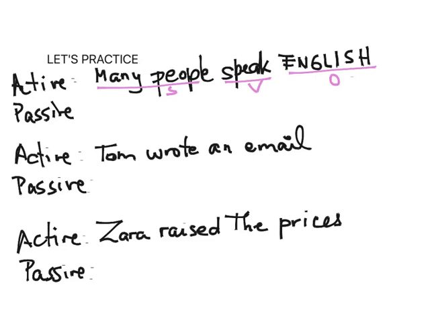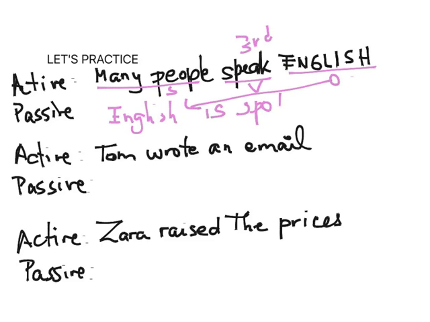To be able to make it passive, we put the object in the front position, so we write down English, and then the verb to be in present simple, it should be is, and then the third column, remember, the third column of speak, spoken, so it's spoken, then the particle by, many people.